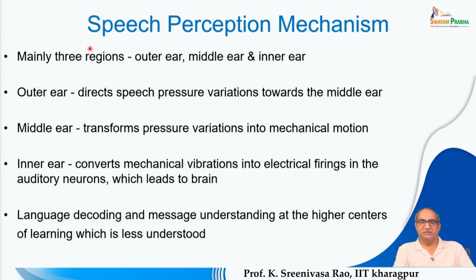The same thing we have discussed here, the speech perception mechanism, basically consists of three regions: outer ear, middle ear and inner ear. The outer ear directs the speech pressure variations towards the middle ear. When you produce speech and release it from your lips, it is in the form of acoustic pressure variations, which propagate through air over some distance.